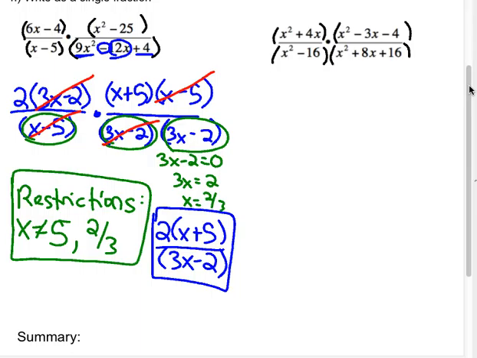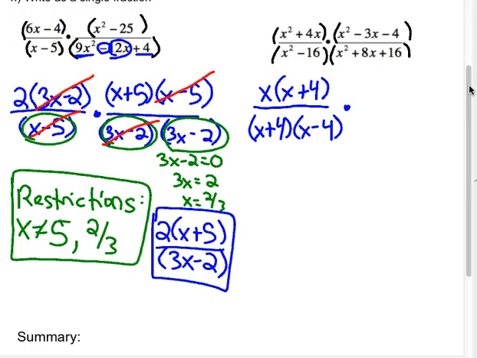All right, x squared plus 4x. I see an x in both terms, so I'm going to pull that x out, turning the x squared into x, the 4x into 4. The bottom resembles that difference of squares factoring. That gives me the plus or minus. The x squared comes from x's, the negative 16 comes from 4's. Okay, the x squared minus 3x minus 4, that again is normal two parenthesis factoring.